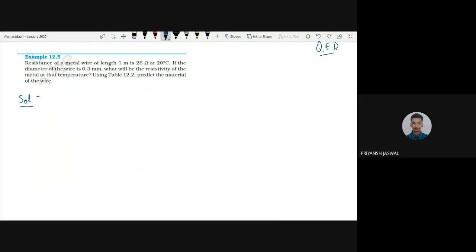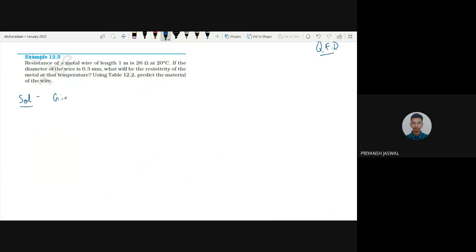Resistance of a metal wire of length 1 meter is 26 ohm at 20 degrees Celsius. If the diameter of the wire is 0.3 millimeter, what will be the resistivity of the metal at that temperature?